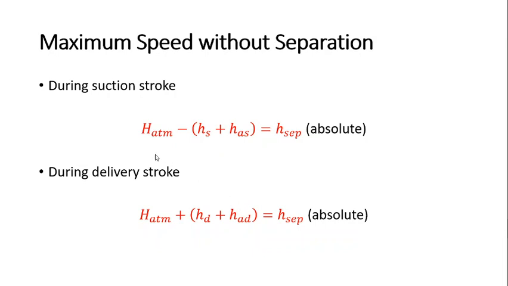Now, at the beginning of suction stroke, the absolute pressure head, we already discussed this in our first or second class, is atmospheric pressure head minus suction head plus acceleration head at the suction pipe. And this pressure head must be equal to separation pressure head in absolute scale.